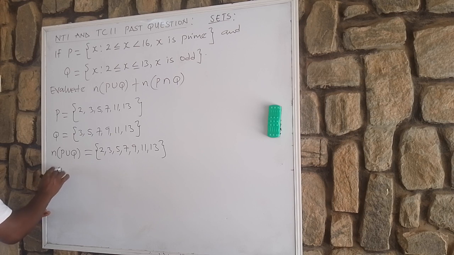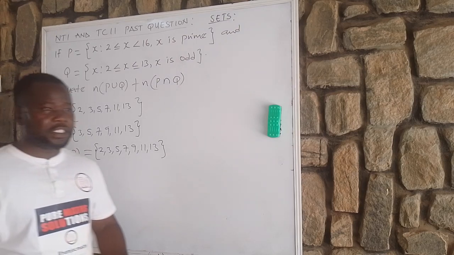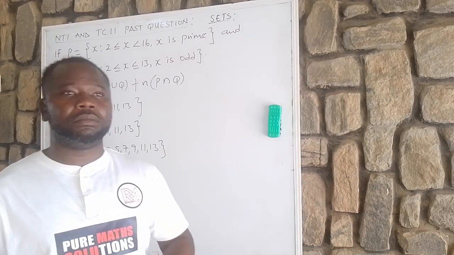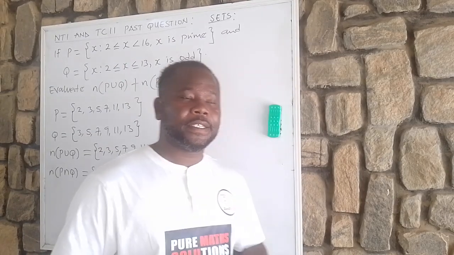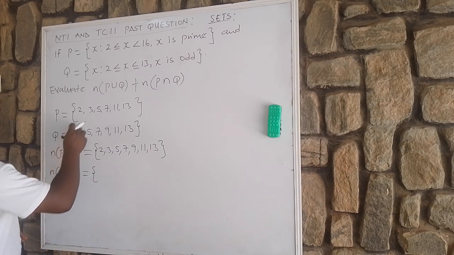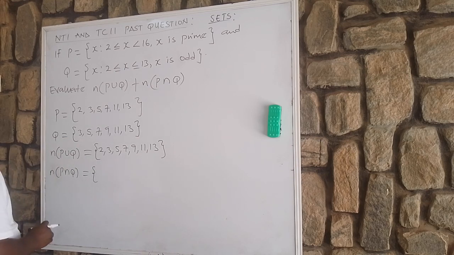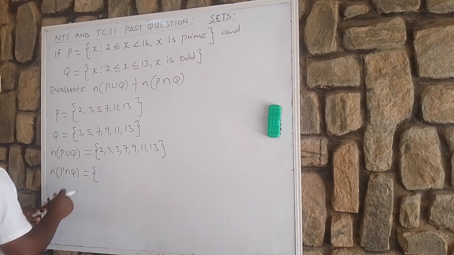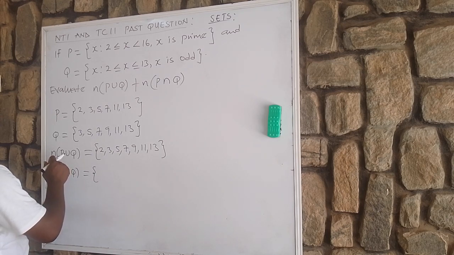Then the number of P intersect Q. When we say intersect, it means the common elements among P and Q. So the intersection of P and Q is what?